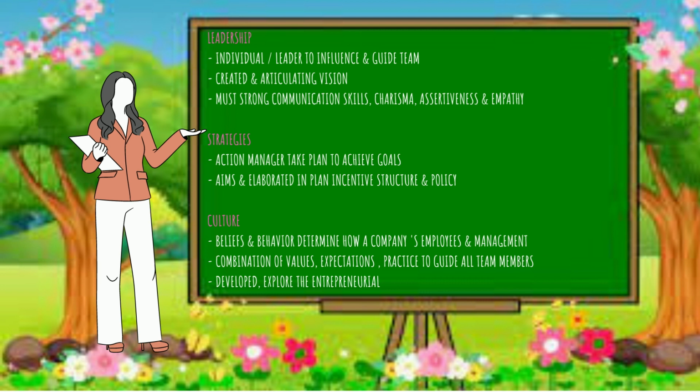Then the combination of values, expectations, and practices guides and informs the actions of all team members. It is important to develop and explore the entrepreneurial university, with those working in roles set up solely as part of EA.